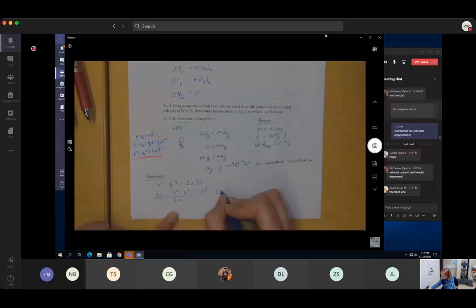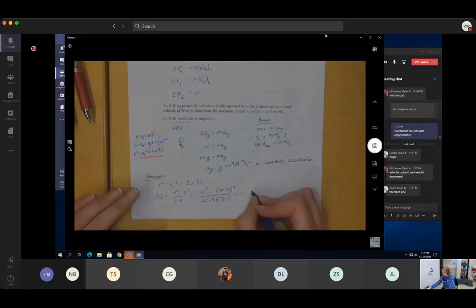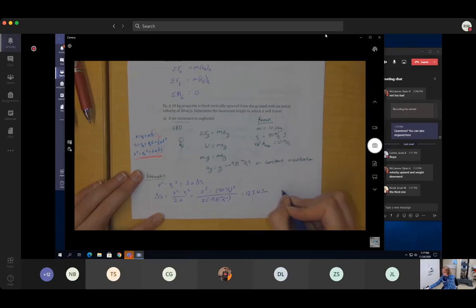We're subtracting our initial velocity, which is 50, and then dividing by 2 times negative 9.81 meters per second squared. And so if we do that, we're going to come up with 127.42 meters. And so our maximum height will be 127 meters.